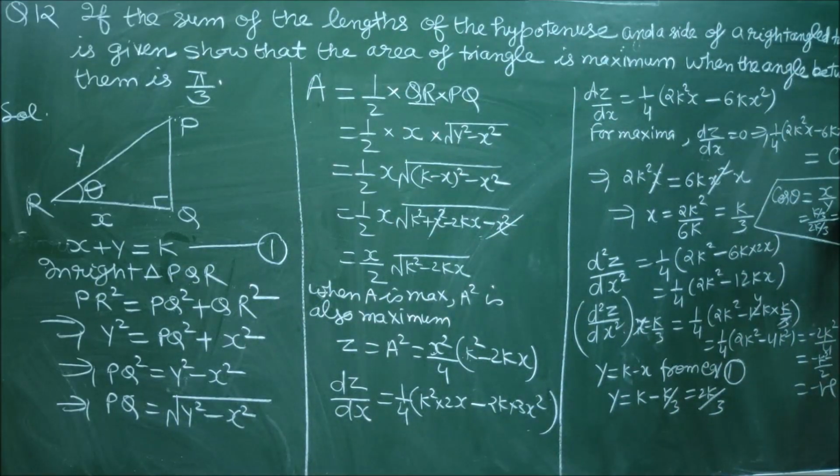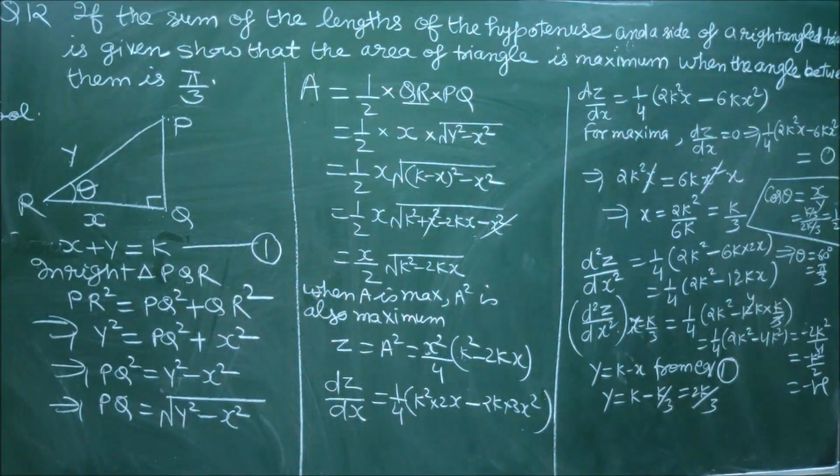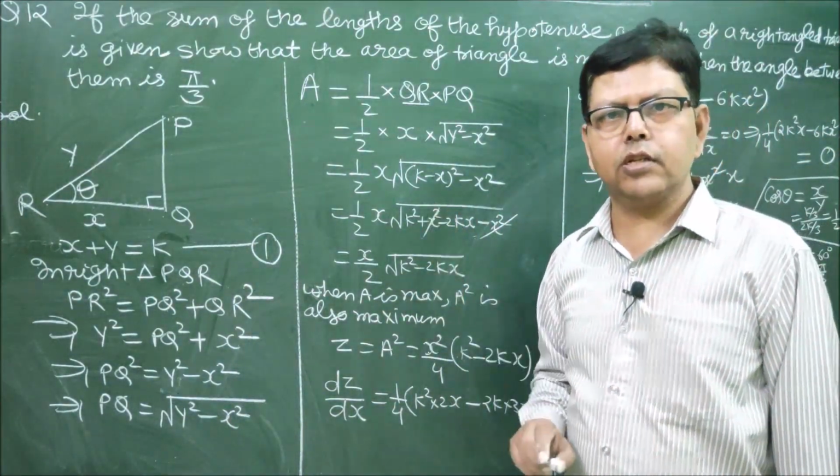This gives cos theta equal to 1 by 2, so theta is equal to 60 degrees or pi by 3. So when the value of theta is pi by 3, the area of this triangle is maximum. So with this the solution of this question is complete.